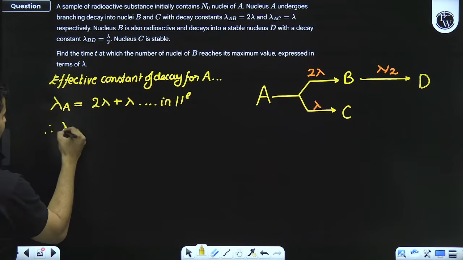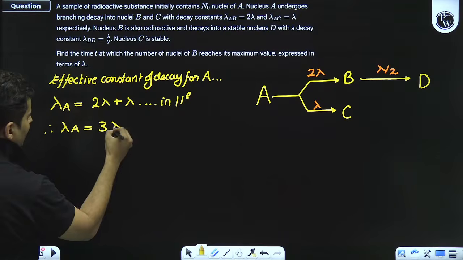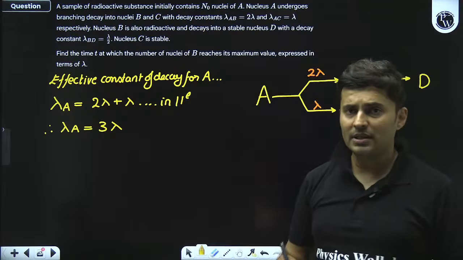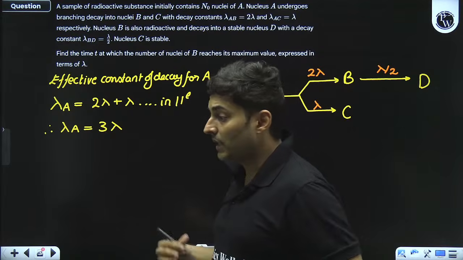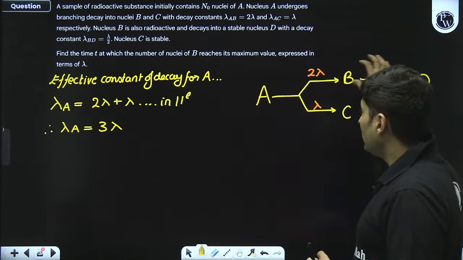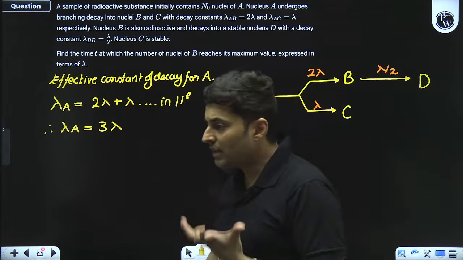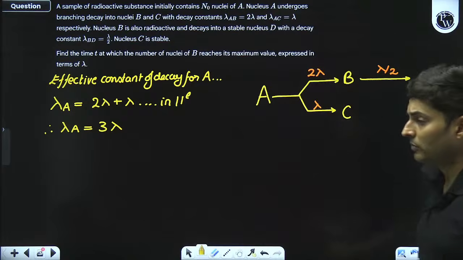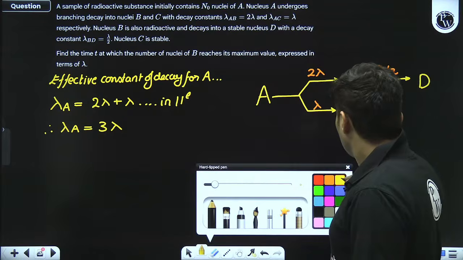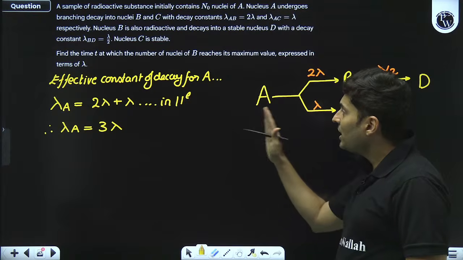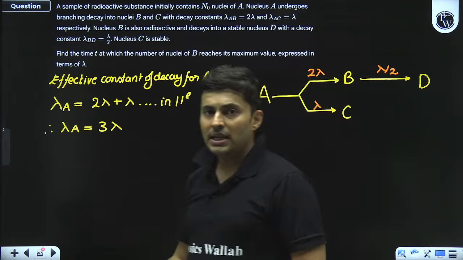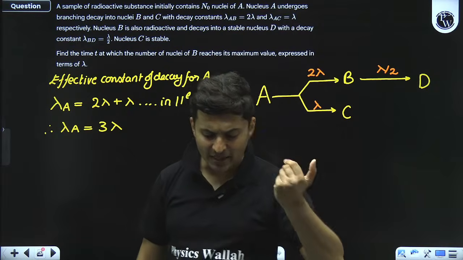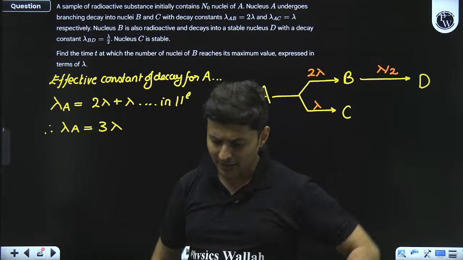So lambda A is 3 lambda. I'm teaching you the steps of solving this kind of question. Anytime such questions come, very likely finding the maximum quantity, when does it happen, is a common thing to be asked. Now let's figure out how much is getting decayed, at what rate, or basically how much is remaining.